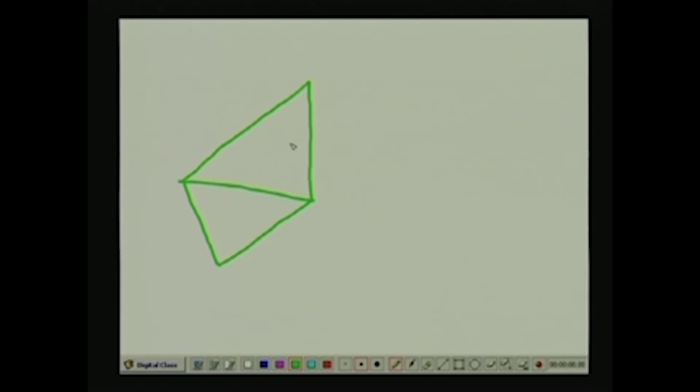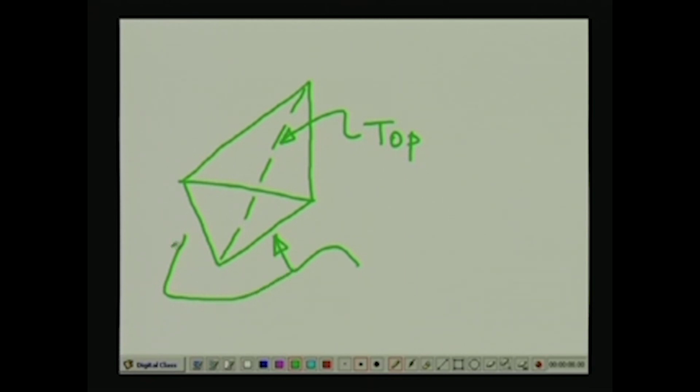So, this is the top surface of the sliding wedge, and the bottom surfaces of the sliding wedge are not visible actually from this angle. I am drawing an isometric here. So, these are the two bottom surfaces.